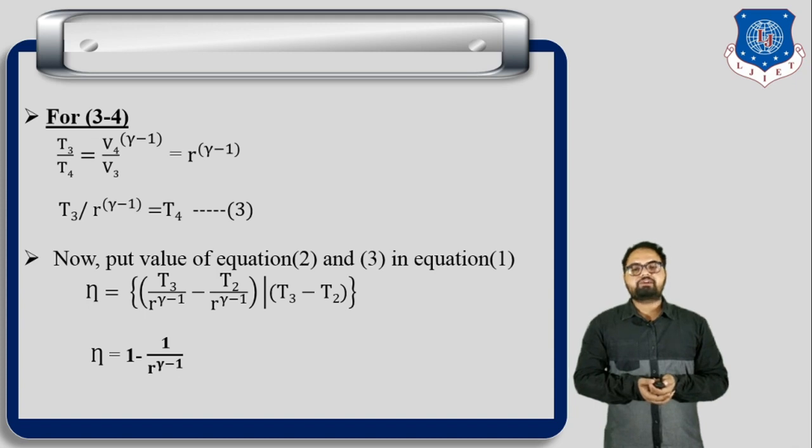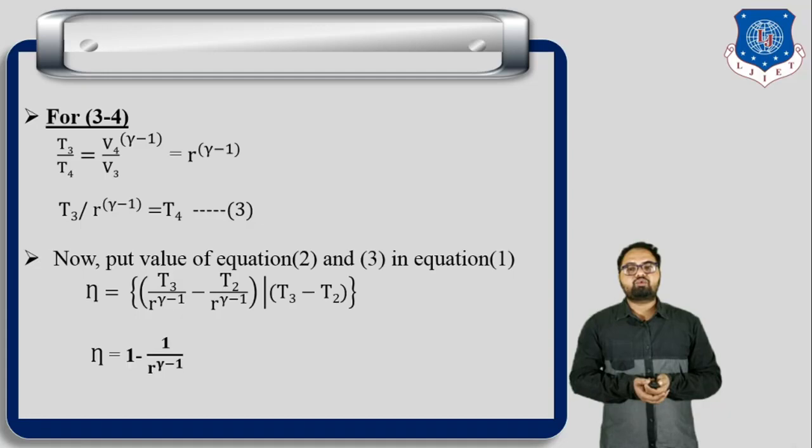So the final equation is eta is equal to 1 minus 1 divided by R raised to gamma minus 1, where R is the compression ratio and gamma is the adiabatic index. From this equation we can clearly say that the air standard efficiency of the Otto cycle depends on the compression ratio. So this is all about the air standard efficiency of the Otto cycle.